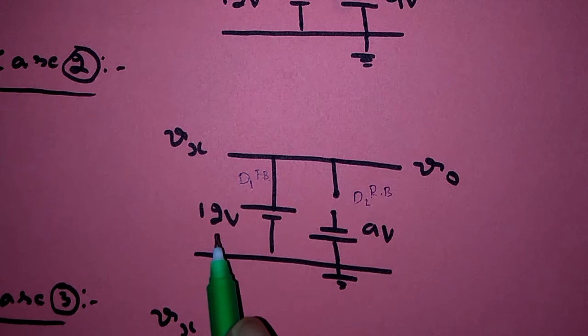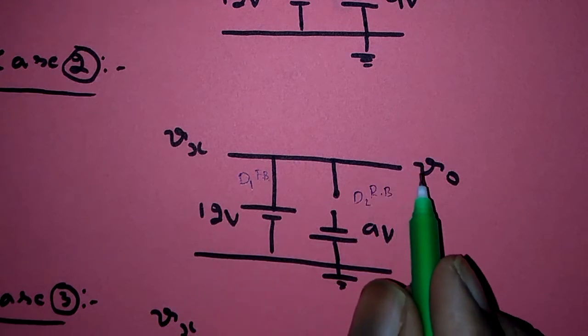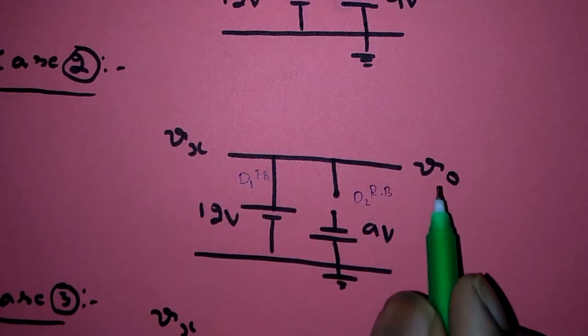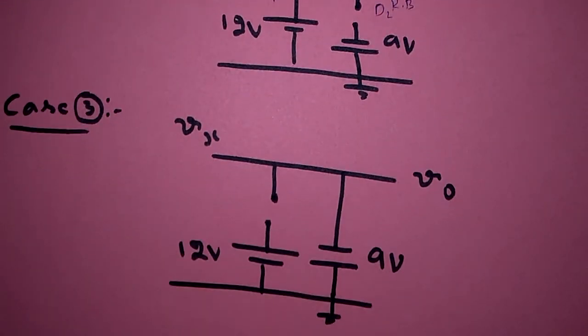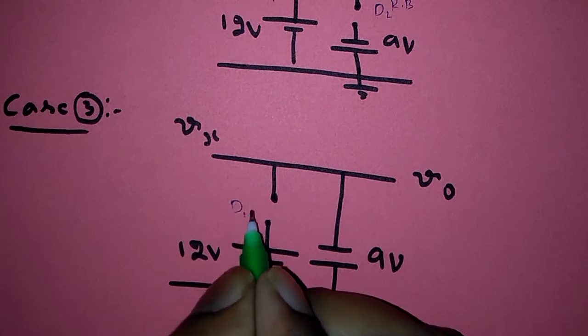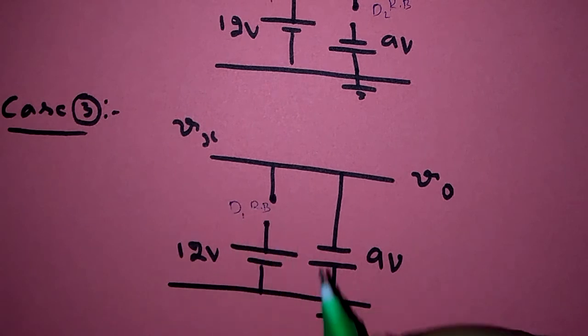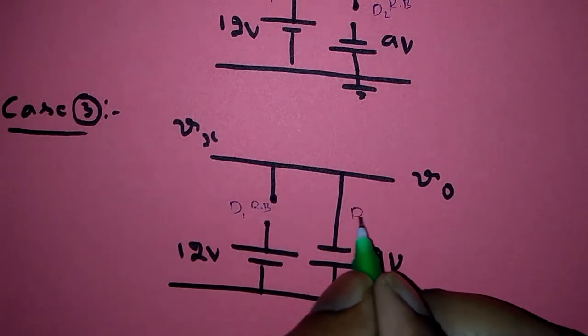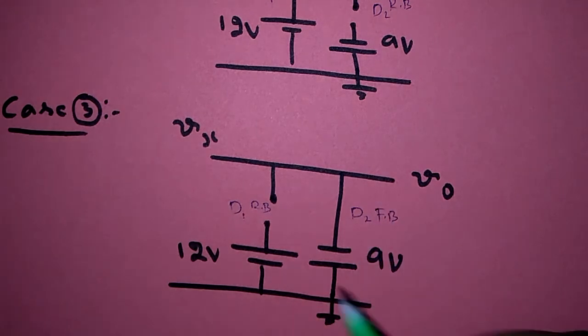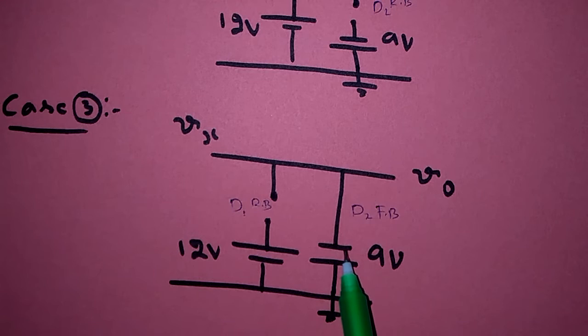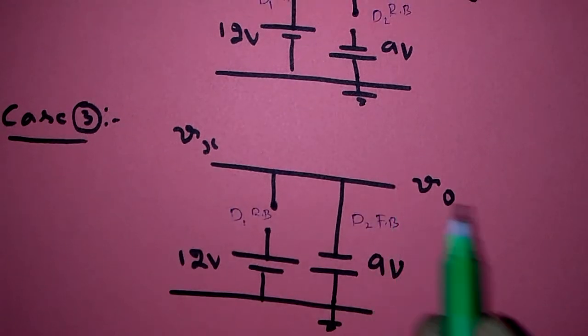So this supply voltage 12 volts is directly connected to output, so output becomes 12 volts. Similarly, in case 3, diode D1 will enter into reverse bias and acts like open circuit, and diode D2 will enter into forward bias and acts like a short circuit. So this minus 9 volts will appear at this output.